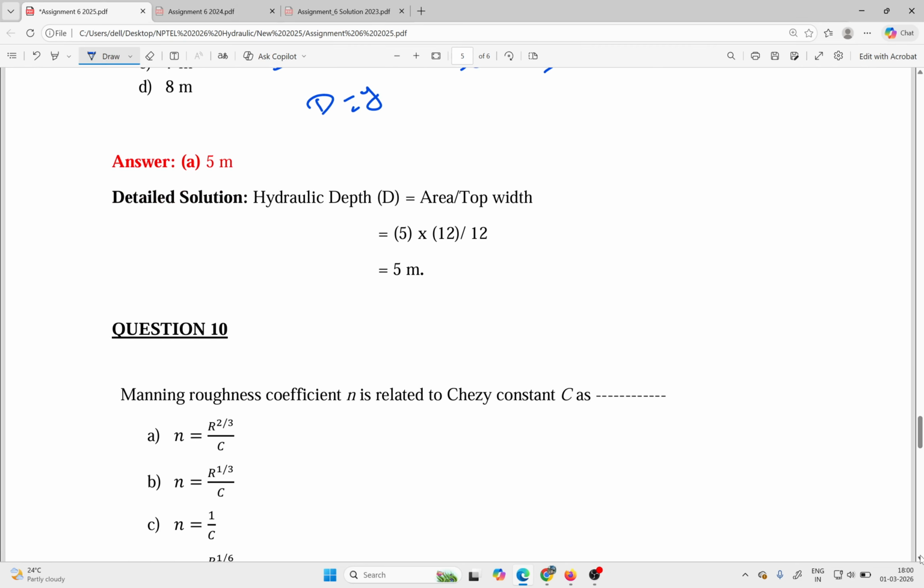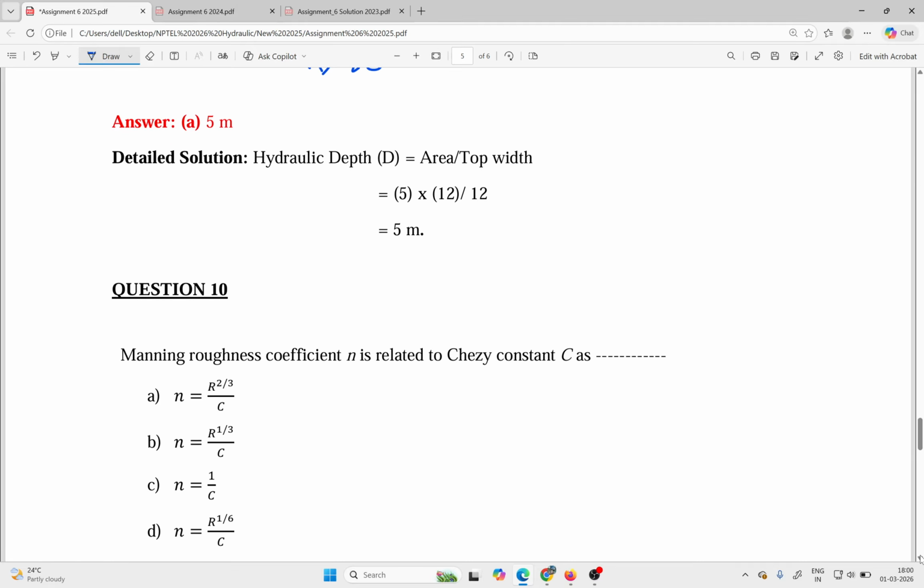Now question number 10. Here the Manning's roughness coefficient N is related to Chezy's constant C as: n is equal to R to the power 2 by 3 by C, n is equal to R to the power 1 by 3 by C, n is equal to 1 by C, n is equal to R to the power 1 by 6 divided by C. So you have 4 options.